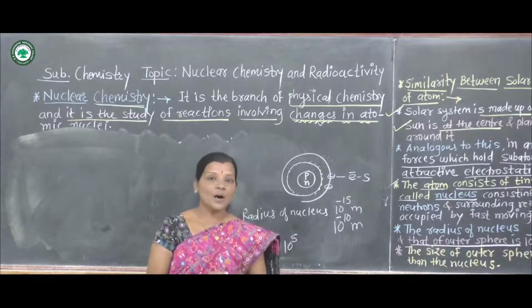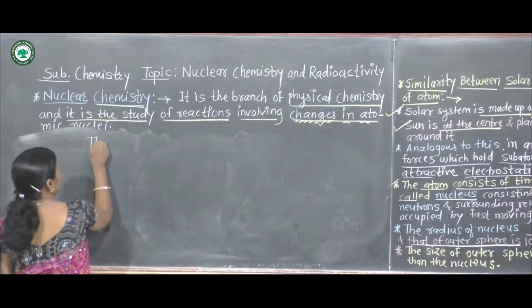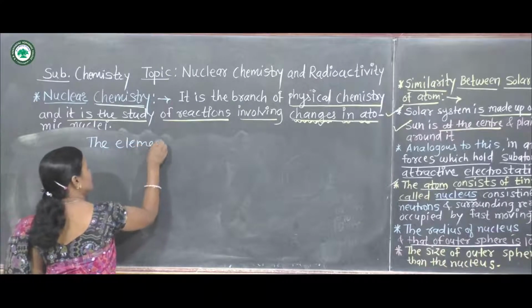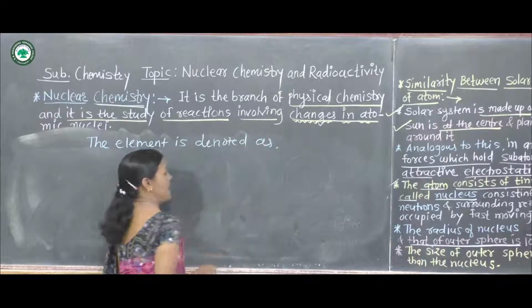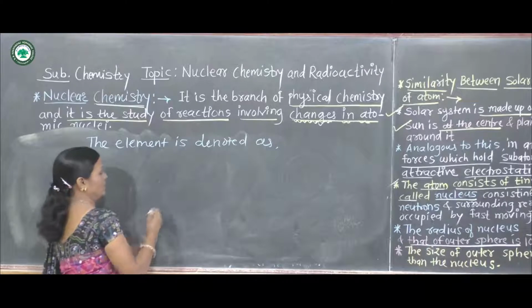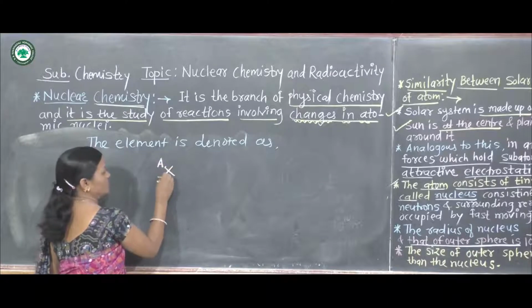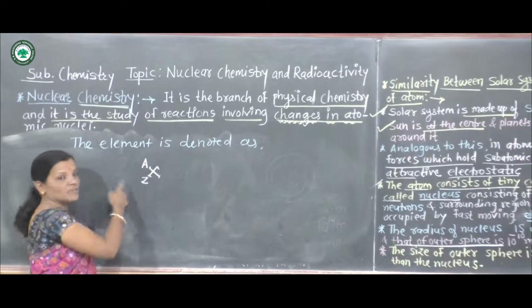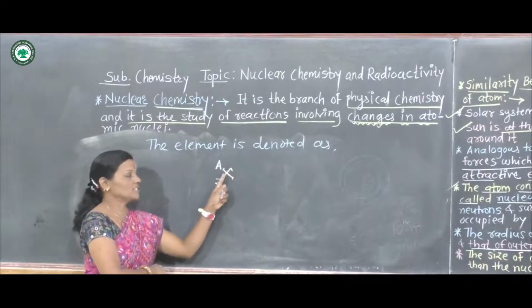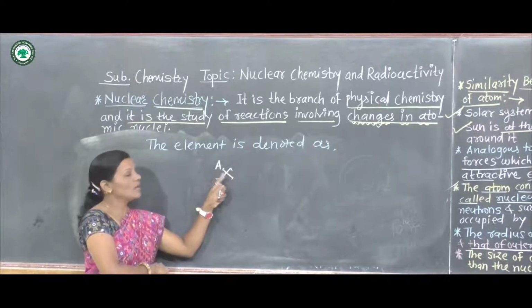Now let us consider how atoms are represented in symbolic form. The element is denoted as X, with the subscript Z to the left of the X symbol, and the superscript capital A to the left of the elemental symbol.